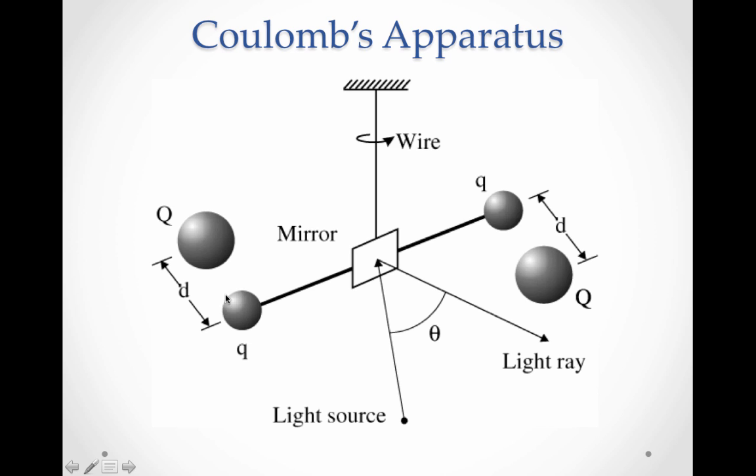As the force of attraction or repulsion happens here and here, this will either turn in this direction where they're both attracting, or it'll turn the other way where you get repulsion. And therefore we can measure how much this wire is twisted based on the direction of the laser light, and we can also measure how far apart these spheres are. So that's the apparatus that we'll continue to look at.